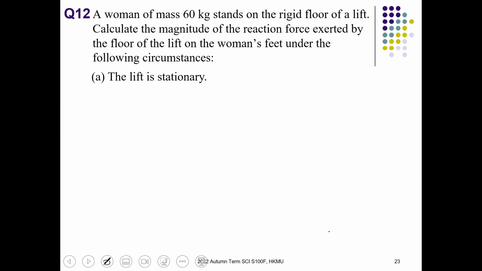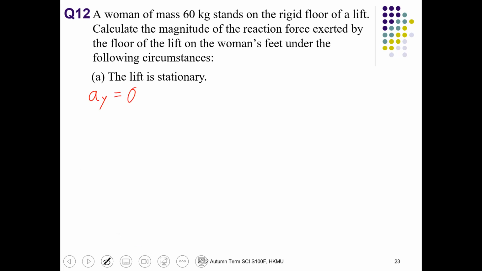So let's consider a very similar case. Given that in part A, the lift is stationary. If the lift is stationary, this is at rest, which means there will be no acceleration.